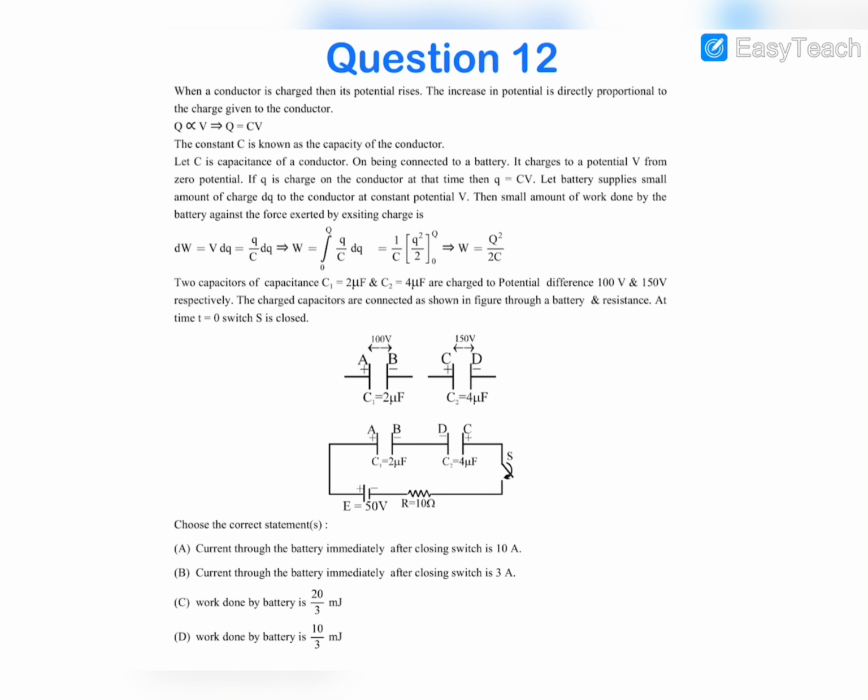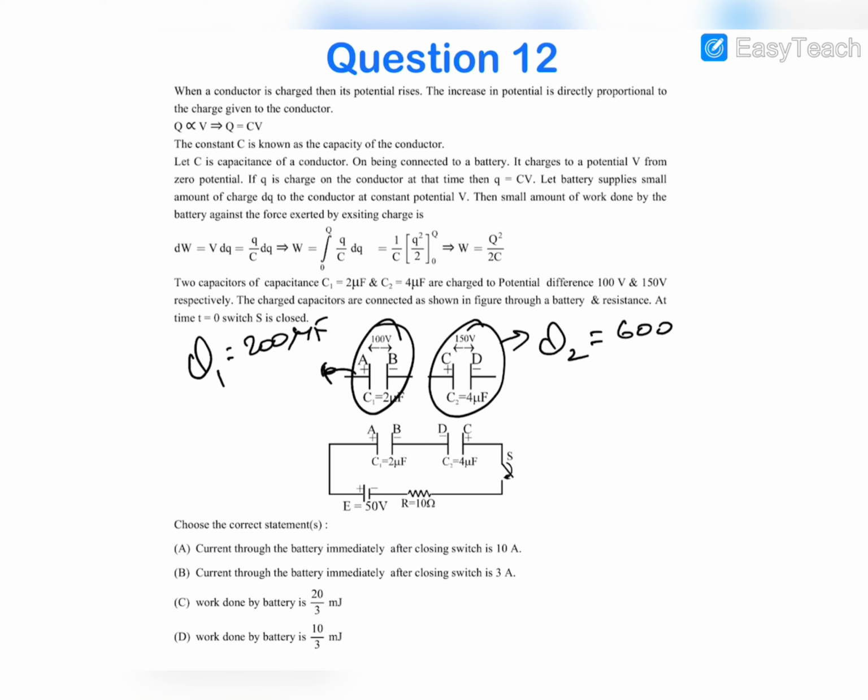First of all, let us see that this capacitor has a charge Q1, which is equal to CV, which is 200 microcoulomb, and this capacitor has a charge Q2, which is equal to CV, which is 600 microcoulomb.